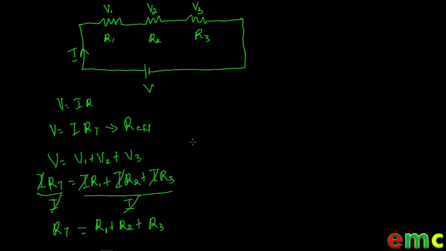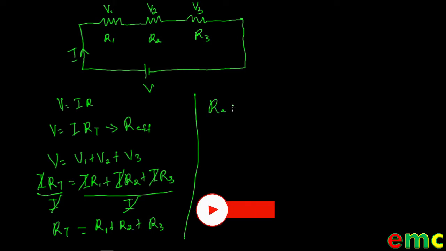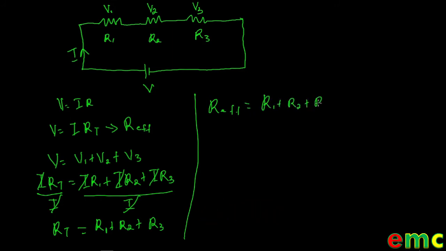In that wise, the effective resistance of a series circuit, or the total resistance of a series circuit, is equal to the sum of all the resistances that are present in that circuit. To get the effective resistance of a series circuit, we find the sum of all the resistors present in that circuit.